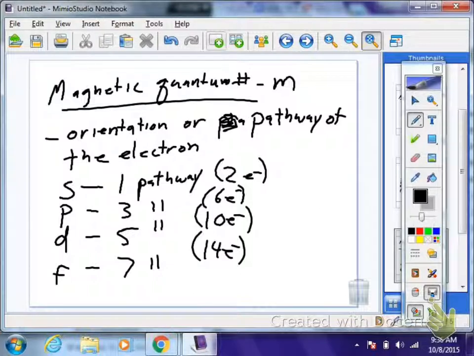Okay? Where's the block of 10? The transition elements, 10 across, right? Okay, where's the block of 14 at? Block of 14. Okay? And then the block of 6?